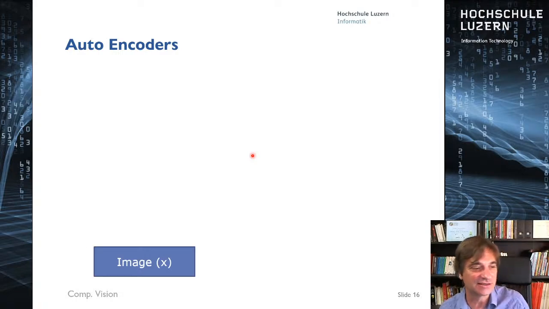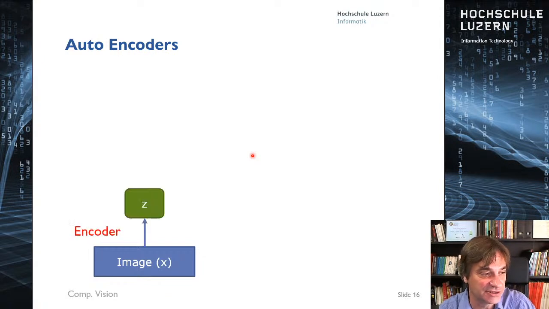So we can look at it like that. We have an image. An image will be from different classes, but it doesn't really matter. You will have a lot of training images, and the encoder step will transform that image x into some variable space z.